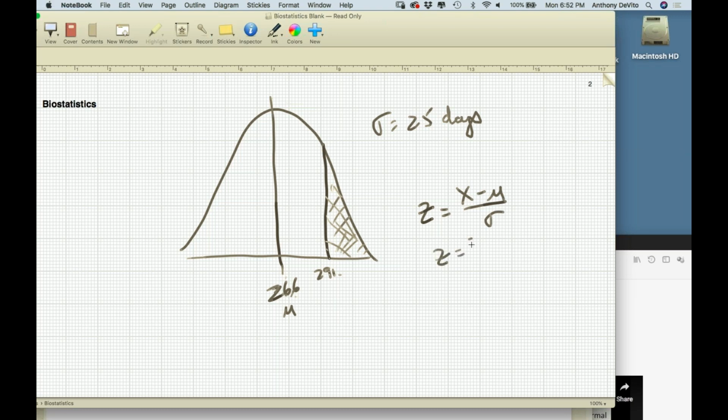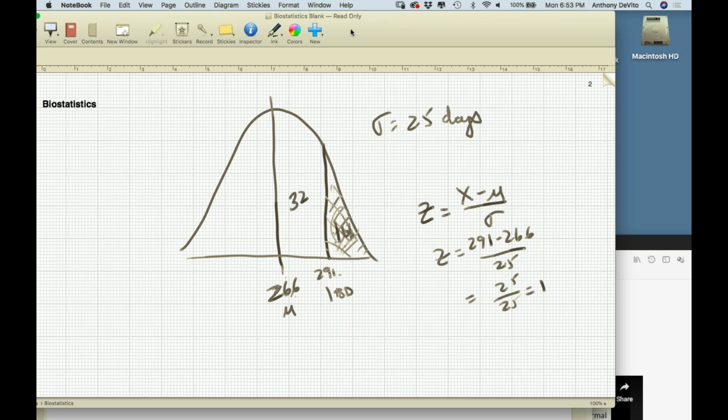So Z is equal to 291 minus 266 over 25. That's 25 over 25, which is equal to 1 standard deviation above the mean. So we know this is 32%, and we know this must be 16%. The probability of a pregnancy going that long is 16%.